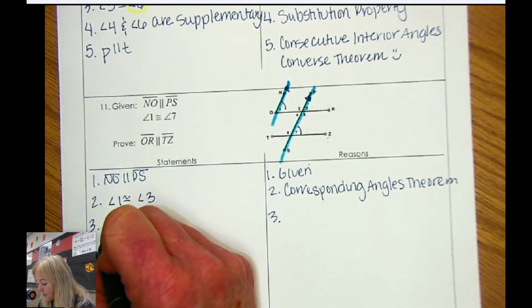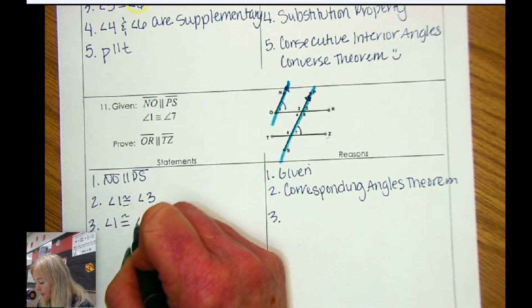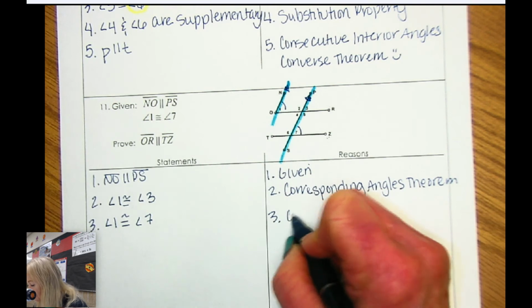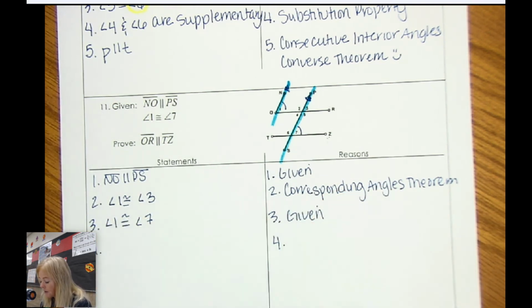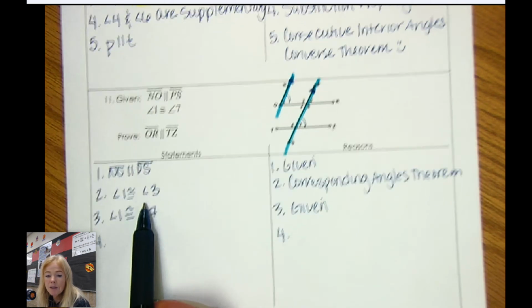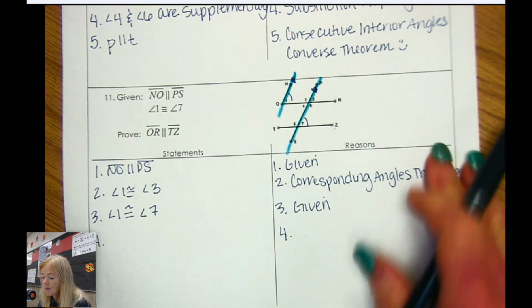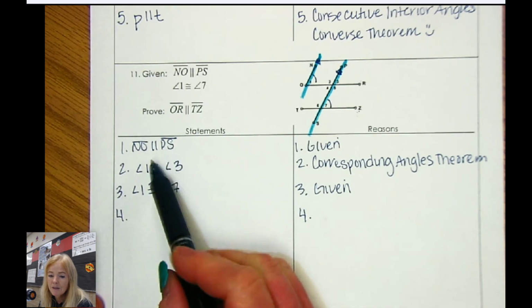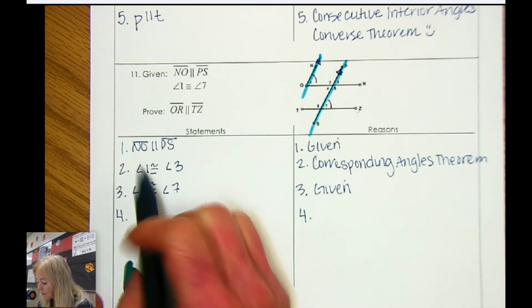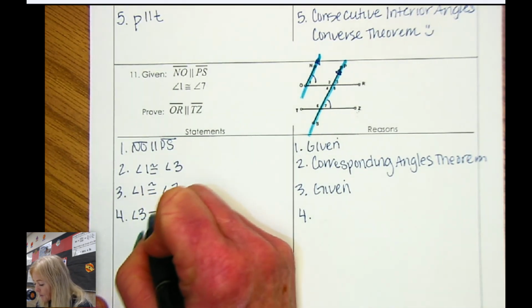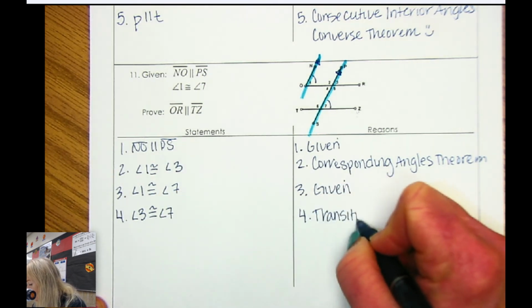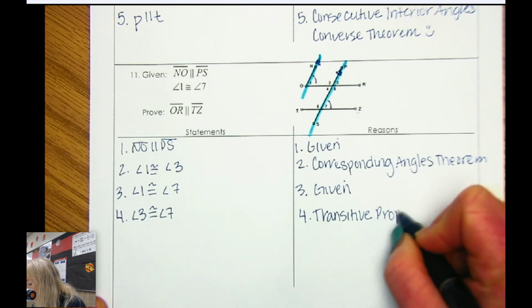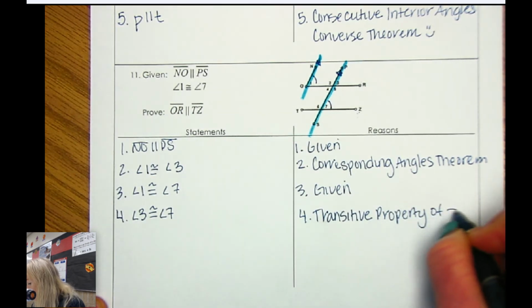And then we also know from our given that angles 1 and 7 are congruent. Again, that's given. And then the last thing we can state is because 3 and 7 are both congruent to the same angle 1, then angle 3 must be congruent to angle 7 by the transitive property of congruence.